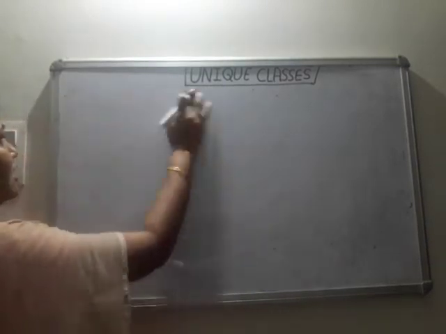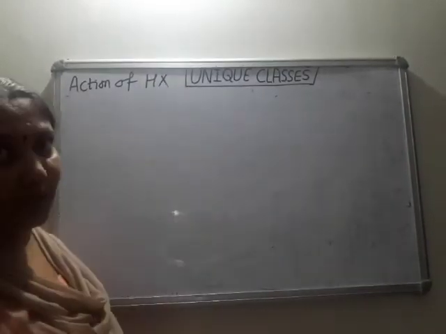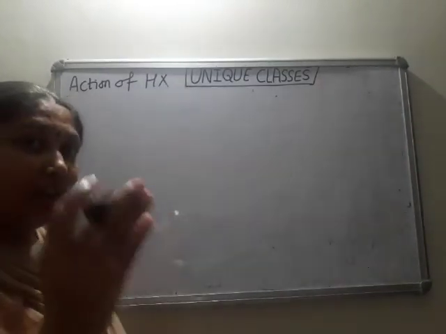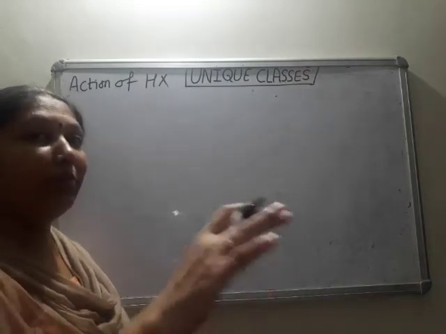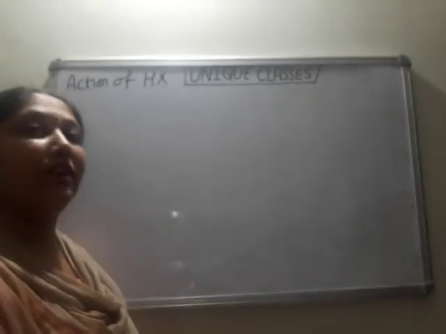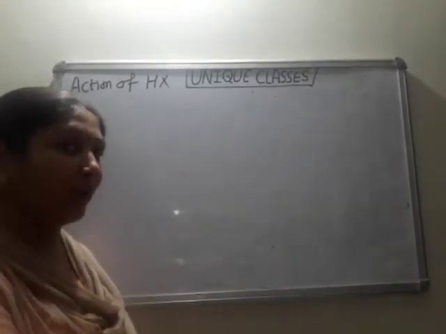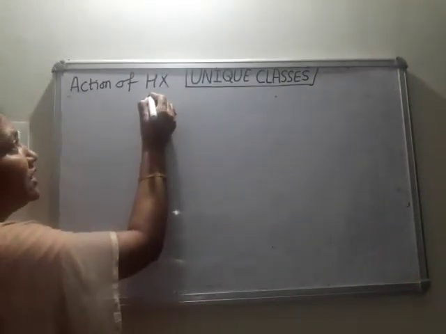See what happens. So action of HX on ether. Actually, if we refer to the old book, then this point will be more clear. So I will tell you that point first, then what is given in your revised book, one more time I will explain. See, HX. In the old book there were two conditions.